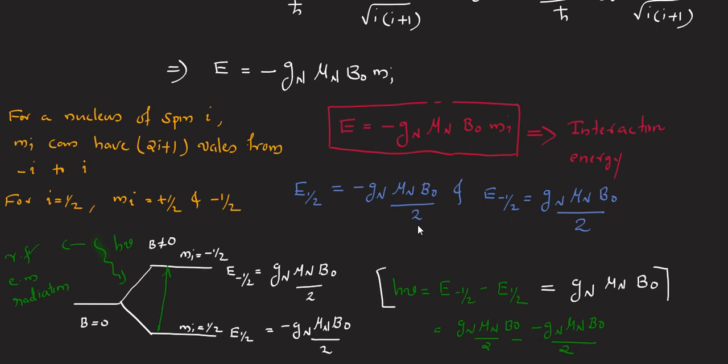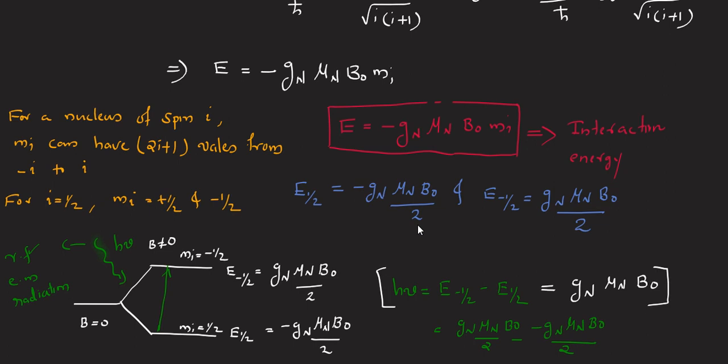That is, this condition is called the resonance condition in NMR. That is, when h nu equal to Gn mu n B0, there is a transition between the magnetic energy levels of a nucleus that is placed in an external magnetic field.